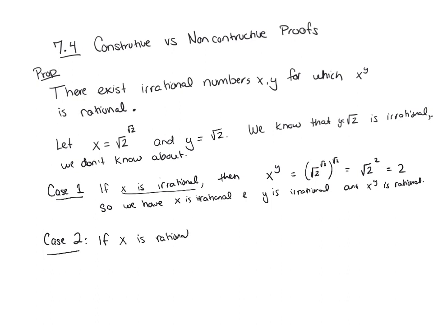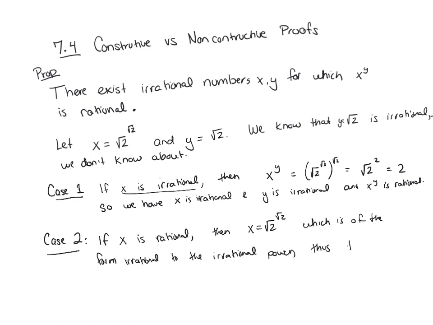If x is rational, well then x equals root 2 to the root 2, which is of the form irrational to the irrational power, because I know square root of 2 is irrational.